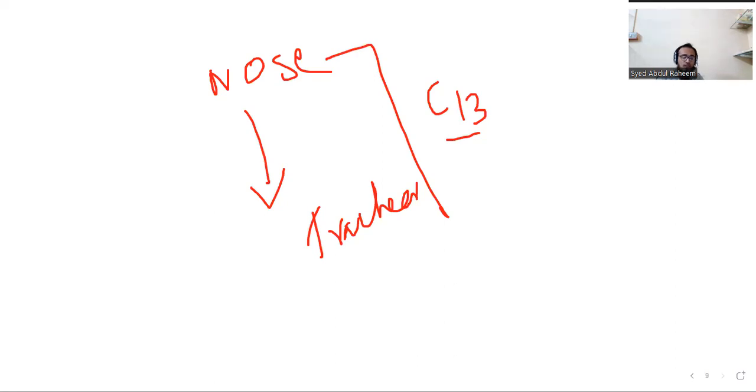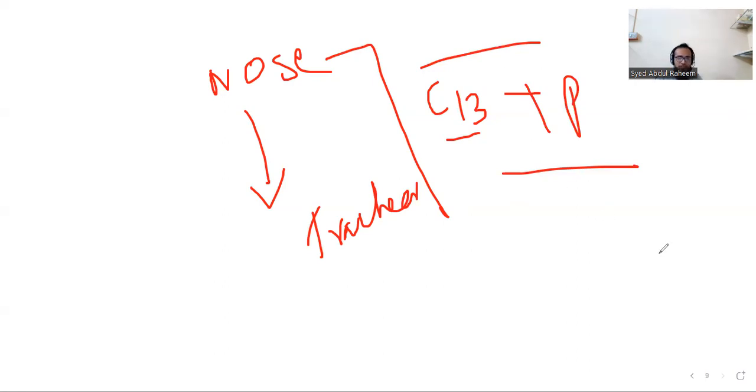Along with C13, what are the best remedies? We have the P group. All the P group can be used with C13, because mostly the nose to the alveoli have P group. Along with P group, C13 will work very rapidly and give very important results. If structural or functional changes occur in that area, like the lungs, where the functional unit is the alveoli, you can use S1, S10 also.